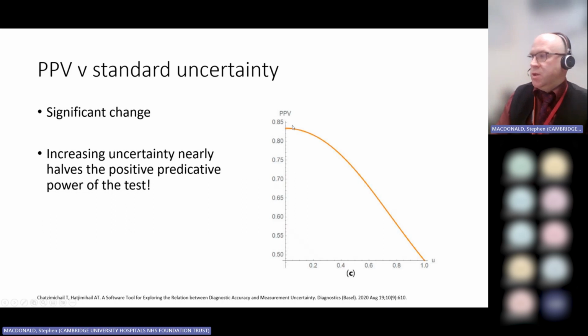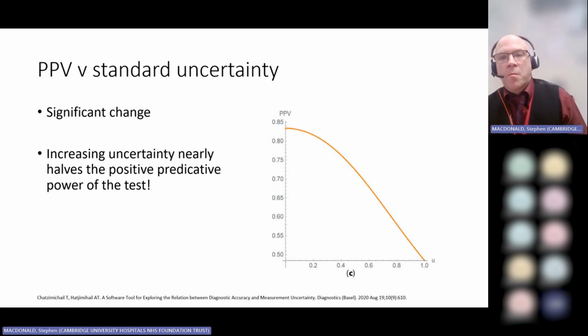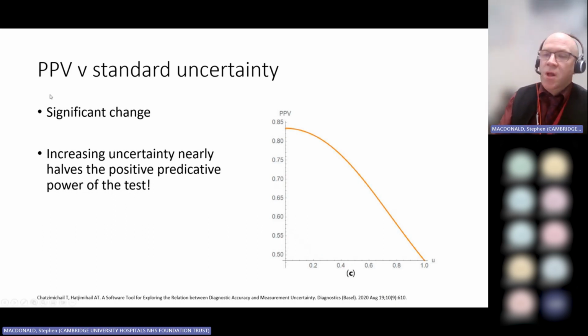If your measurement uncertainty suddenly drops, and you're giving them the same result, saying it's positive, but it's a 50-50 chance whether that's actually true or not, they're making the same clinical decision on completely different information, and that's not acceptable. So we need to maintain the measurement uncertainty within a range that means the same result we give to a clinician means the same thing to them.